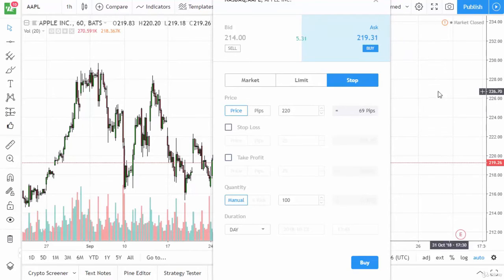Now, why would you want to buy, say, at 220, just say you get some slippage, it's 5 cents. Well, the reason is that perhaps you are short and you are looking to protect profits or just protect against major losses. So once it hits this price, it'll get you out of the market at the best available price. Now, it may slip a point or two. You just don't know. But it's a way of protecting your account, if you would.